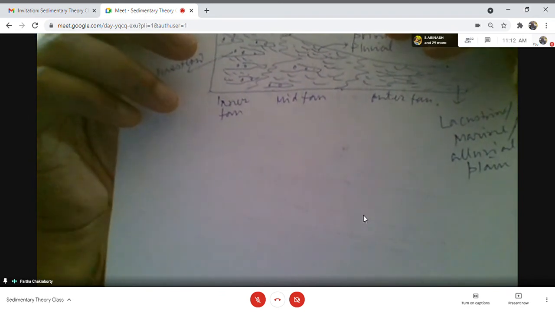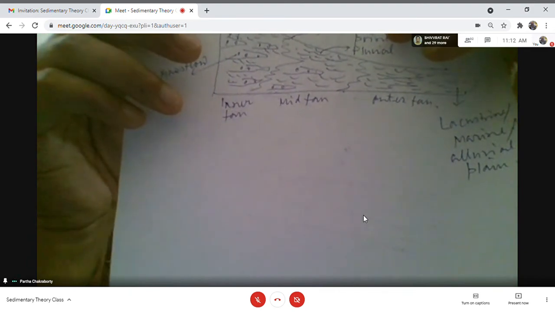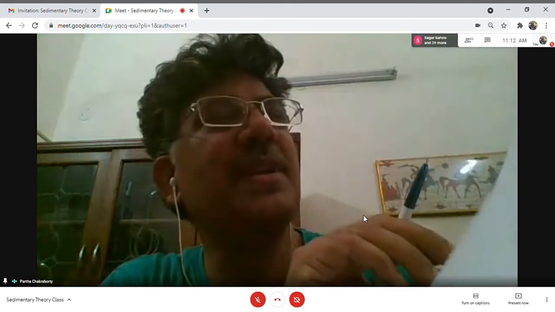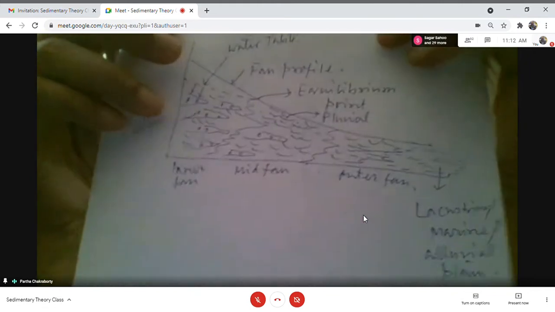I have also drawn the water table. I have written a point that is called the equilibrium point. I have written, isn't it? Yes, equilibrium point.